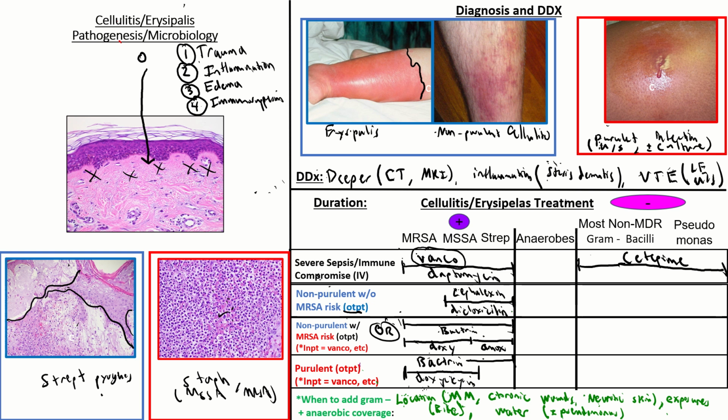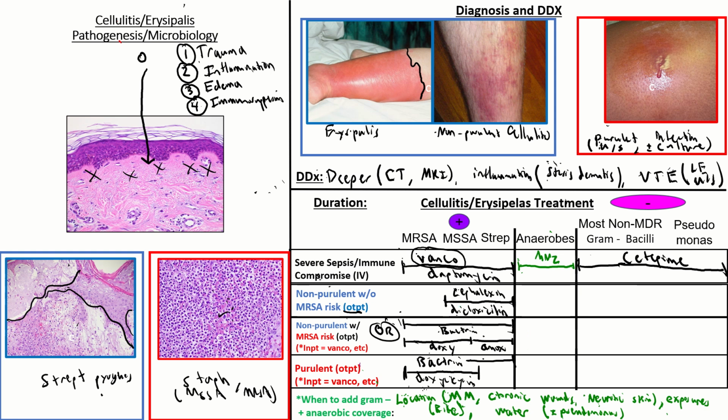Now there are different ways that you can broaden the coverage here. If you have the patient with severe sepsis, and let's say you're on vancomycin and cefepime, just adding on some metronidazole would be adequate. If your hospital uses Zosyn, that's good, as Zosyn covers anaerobes while cefepime doesn't. Cephalexin and dicloxacillin don't cover it as well as you would like.